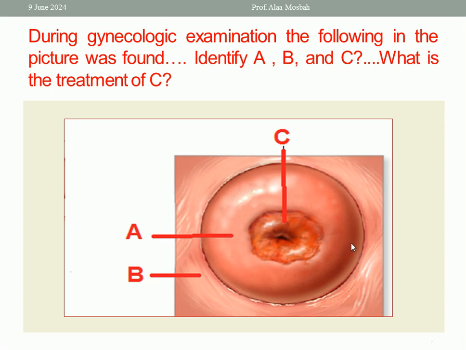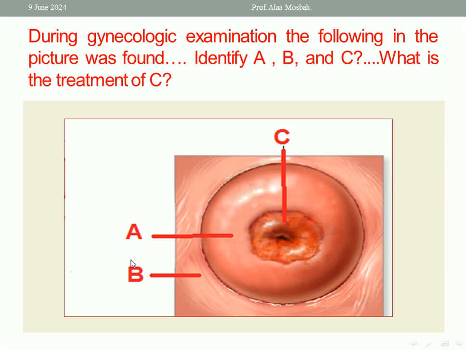The patient with cervical ectropion may complain of vaginal discharge, post-coital bleeding, intermenstrual spotting, back pain, dyspareunia. So this symptomatic woman is the one who needs treatment.